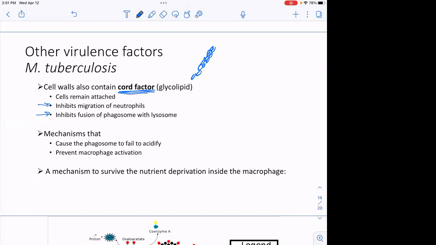And there are other mechanisms, when you try to look up virulence factors, it gets really complicated really quick, and there's a lot that we still don't understand with this organism, but mechanisms that help it survive inside that macrophage, like keeping the phagosome from acidifying.